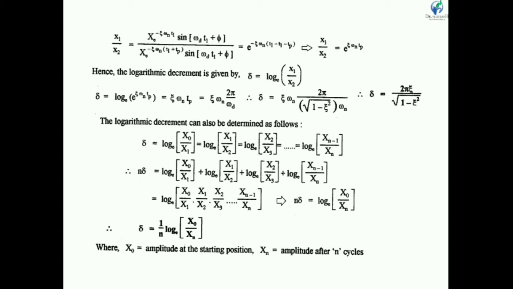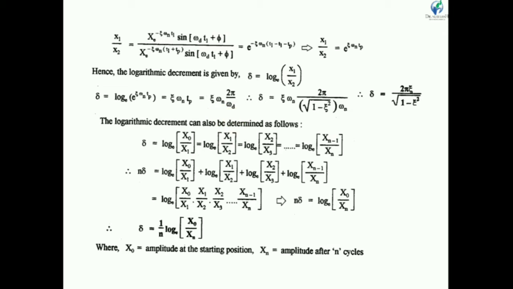Now according to the definition of logarithmic decrement, delta is equal to log in bracket x1 upon x2. If we put the value, delta is equal to log e raised to zeta omega n tp. So finally we get delta is equal to zeta omega n tp. Again we rewrite tp is equal to 2 pi upon omega d.